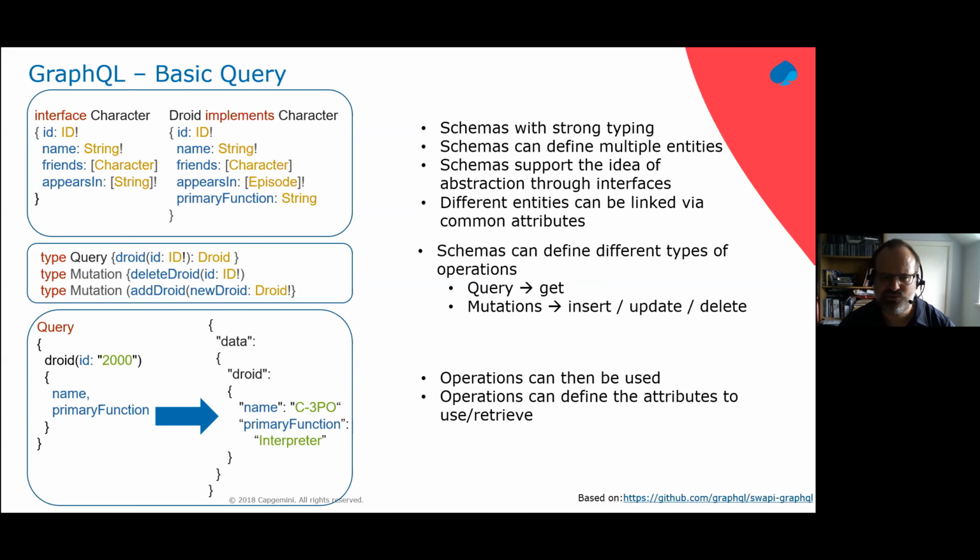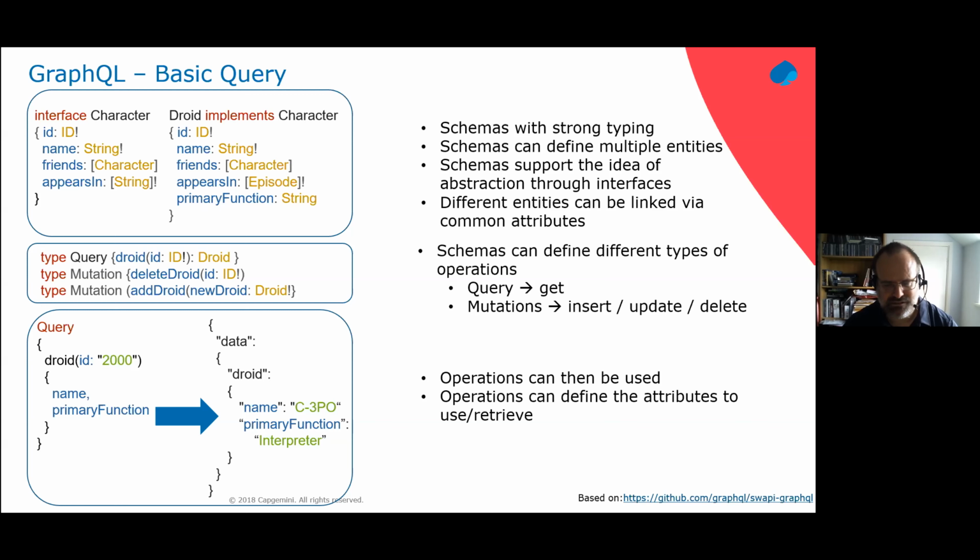Well, as it happens, Droid 2000 is C3PO for the Star Wars fans, and of course that means he's an interpreter. And that's basically how a query works, as simple as that. The backend gives you the data based on what you've asked for.